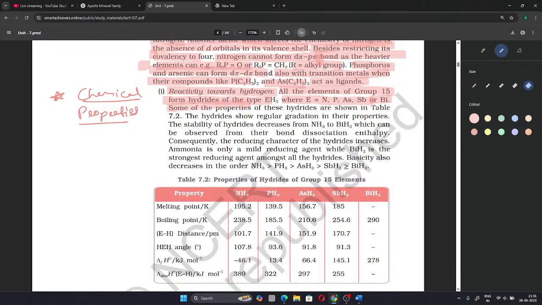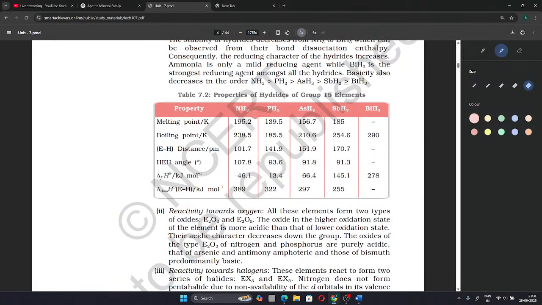Some of the properties of these hydrides are shown in table 7.2. Ammonia, PH3, AsH3, SbH3 and BiH3. Melting point, with ammonia having the highest melting point, then antimony, SbH3, followed by AsH3 and PH3.